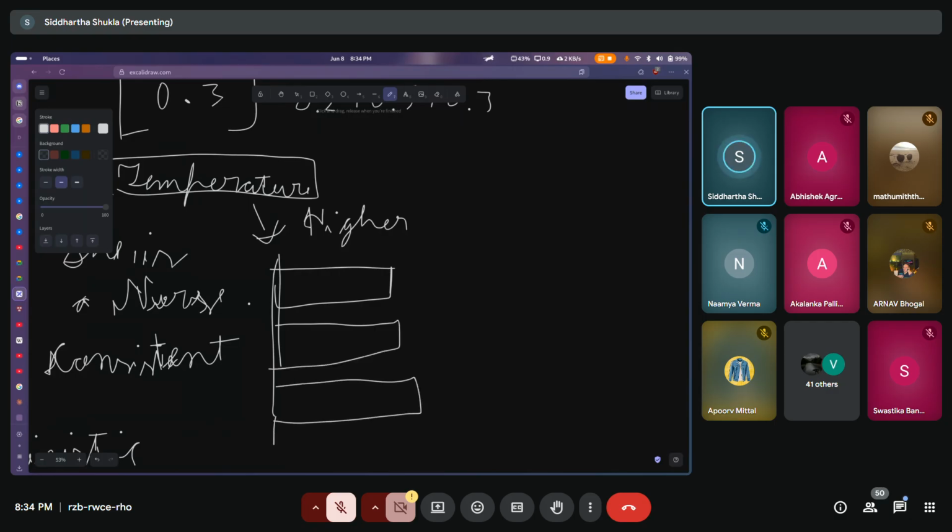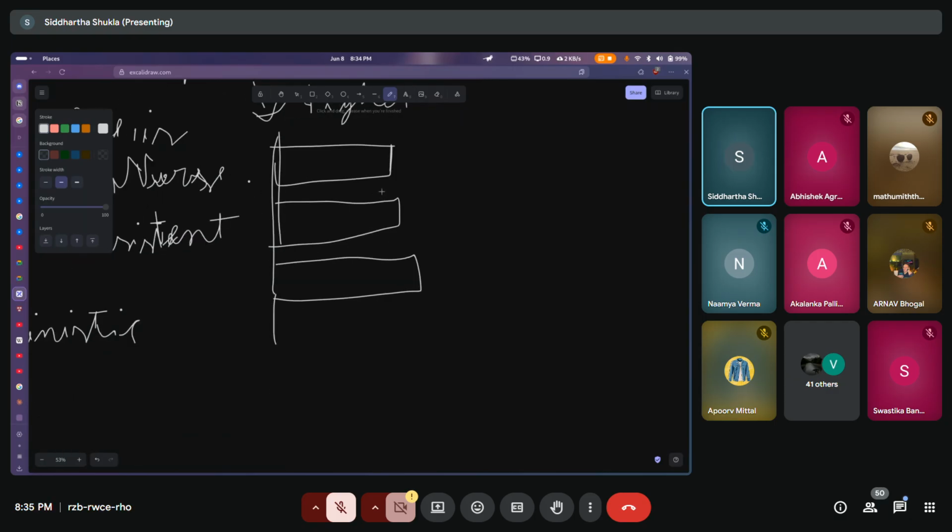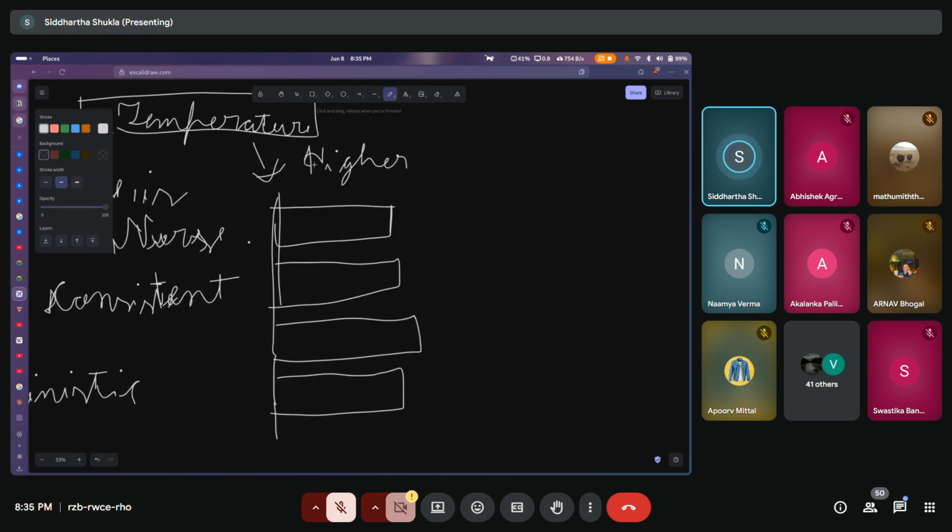For instance, you can see that there is a very minuscule difference between the magnitudes of all of these probabilities, and that is because we have taken a high value for temperature here.